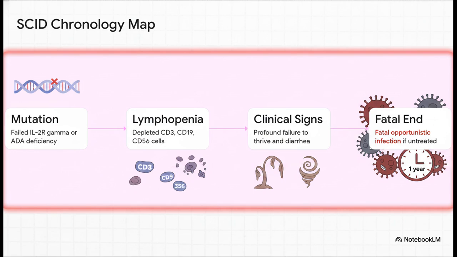It kicks off at the genetic level, usually a failed IL-2 receptor gamma chain, or an adenosine deaminase deficiency. That genetic failure leads directly to step 2, absolute lymphopenia. We're talking severely depleted CD3, CD19, and CD56 cells. Clinically, this manifests in step 3 as profound failure to thrive and intractable diarrhea, which inevitably ends in step 4, a fatal opportunistic infection within the very first year of life if it's left untreated.